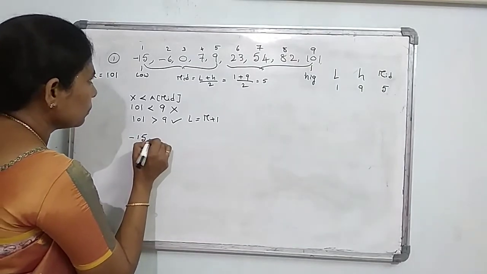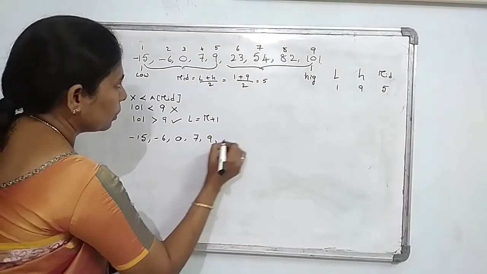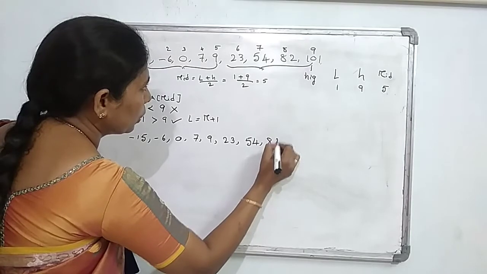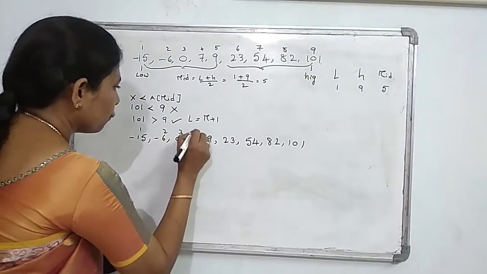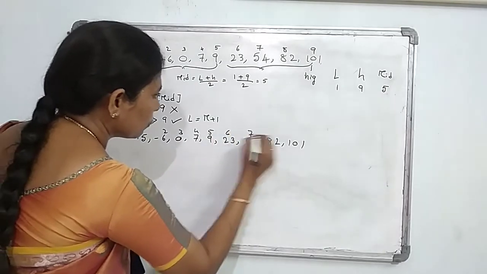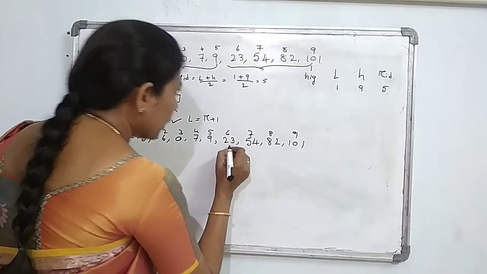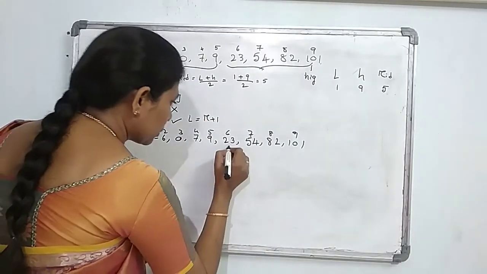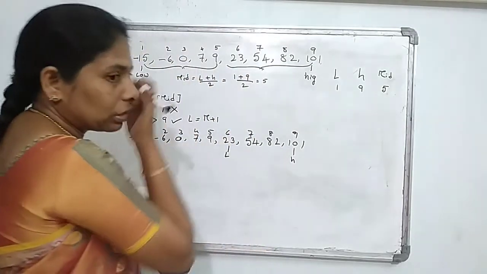Again I am taking these elements: minus 5, 6, 0, 7, 9, 23, 54, 82 and 101, numbered 1, 2, 3, 4, 5, 6, 7, 8, 9. Low equals mid plus 1; mid is 5, 5 plus 1 means 6. So this is the low and this is the high.